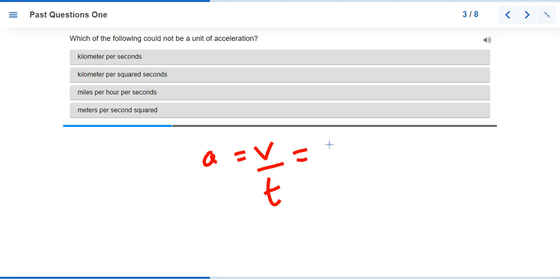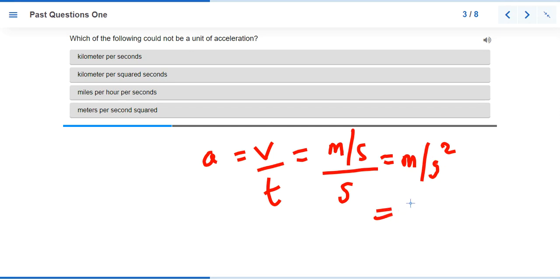The unit of velocity is meter per second, and the unit for time is seconds. That means we now have the unit of acceleration as meter per second squared, or it can be referred to as kilometer per hour squared, or better still, miles per hour per hour.